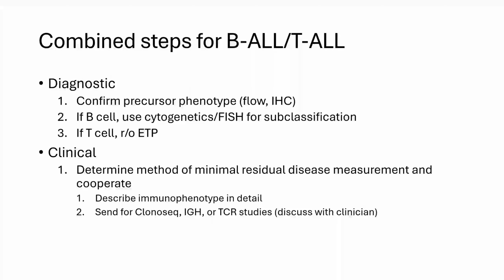And if T-cell, rule out ETP. From a clinical perspective, you want to determine the method of minimal disease measurement and cooperate with clinicians. Describe the immunophenotype in detail and send for clonoSEQ, IGH, or TCR studies as you would discuss with the clinician.